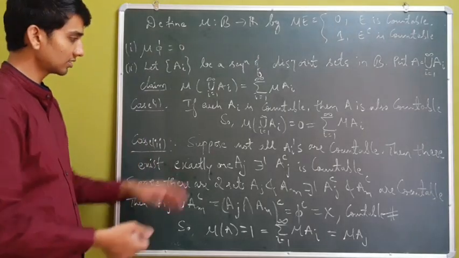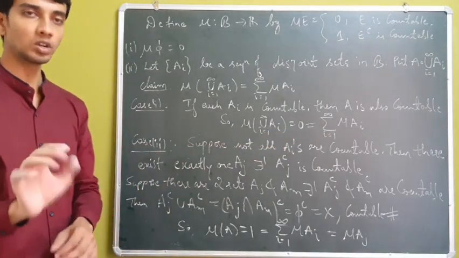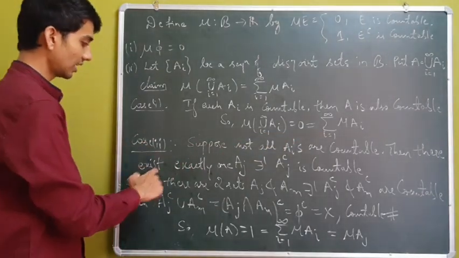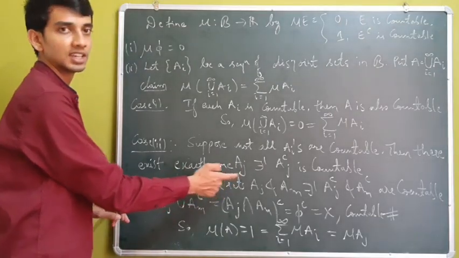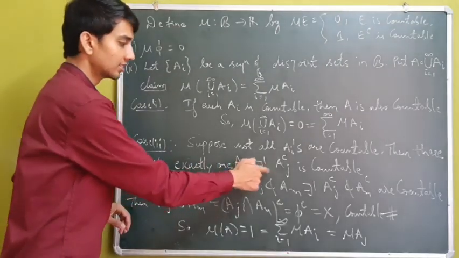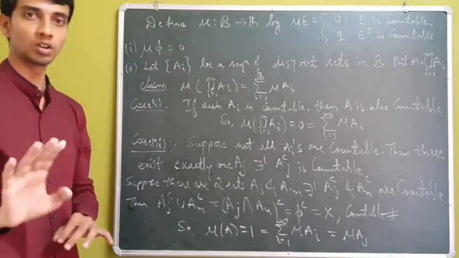In the next case, suppose not all A_i are countable. Then there exists exactly one A_j such that A_j complement is countable.